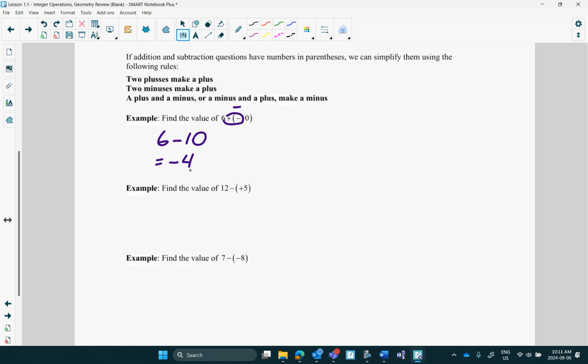Next one, if you subtract a positive, well, again, that's the same as subtracting. So that would give us 12 minus 5, which would give us 7.